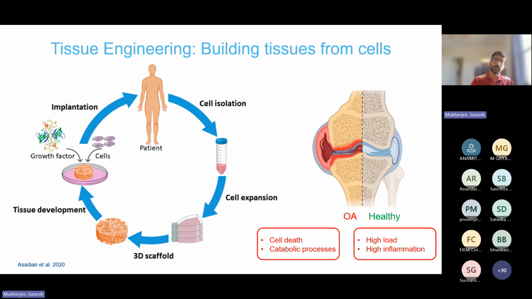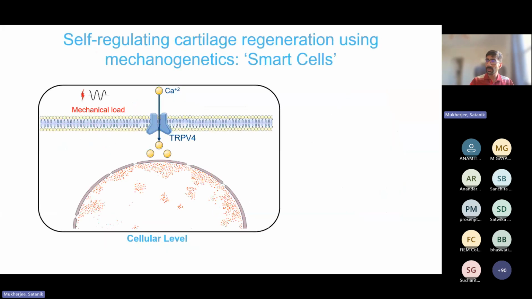So researchers have tried to find possible solutions to alleviate this problem of cell death and catabolic processes triggered when you are trying to do tissue engineering of cartilage. And one of the very recent advances in the field has been in the direction of synthetic biology, which has enabled researchers to edit the genome of these chondrocytes so that they are more resistant to mechanical signals.